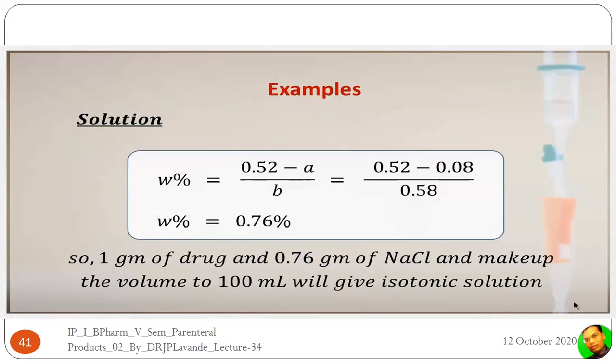By putting these values into the formula, W percent equals 0.52 minus 0.08, that is the unadjusted substance and its freezing point, divided by the adjusting substance, sodium chloride, 0.58. That gives you 0.76 percent. So 1 gram of drug and 0.76 gram of sodium chloride, made up to 100 ml, will give you the isotonic solution.